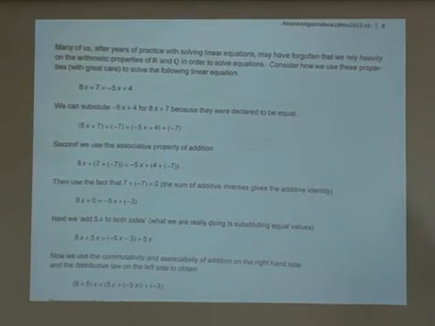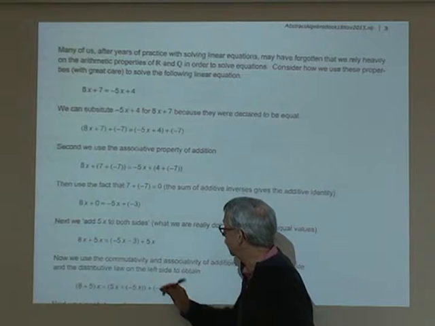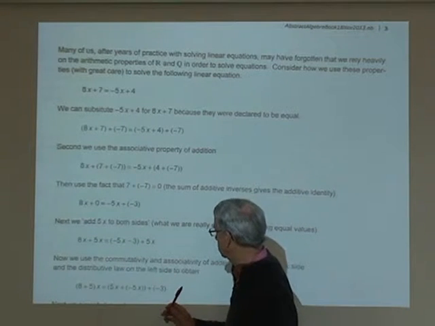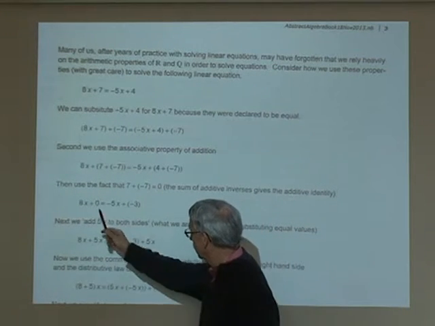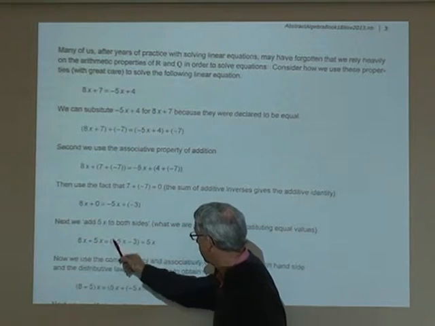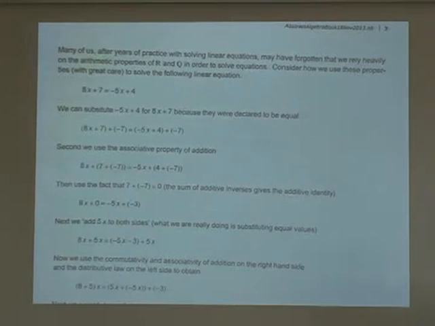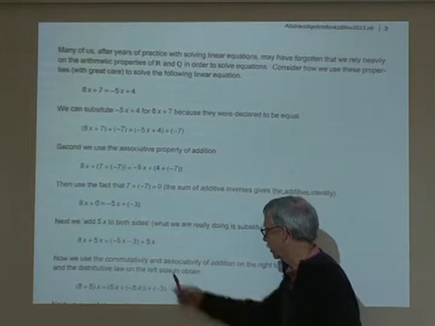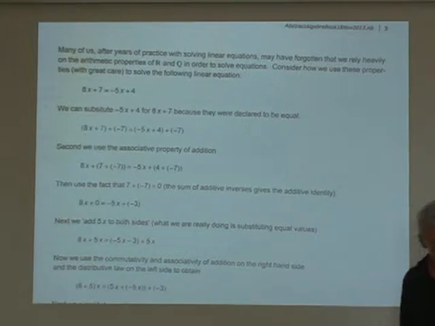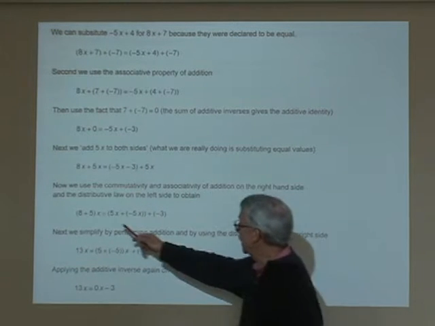And then I can add 5x to both sides. Again, what I'm really doing is substituting equal values. I have 8x plus 5x must be the same as this because 8x is equal to that, right? So substituting equal values. And then I use the associativity and then the distributive laws to pull the x out, right?